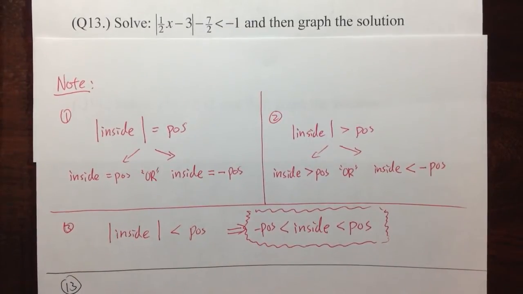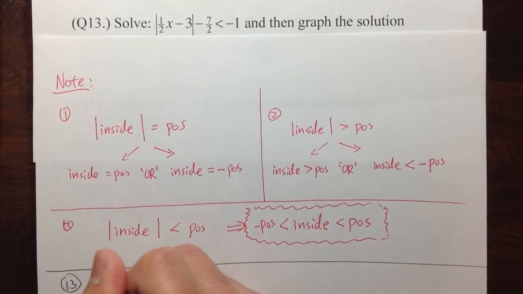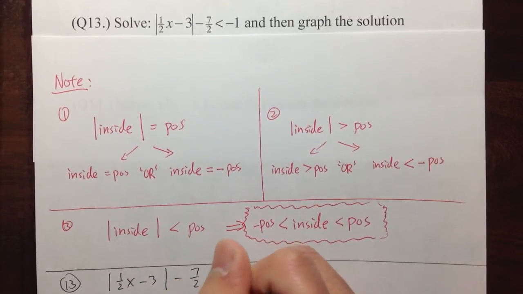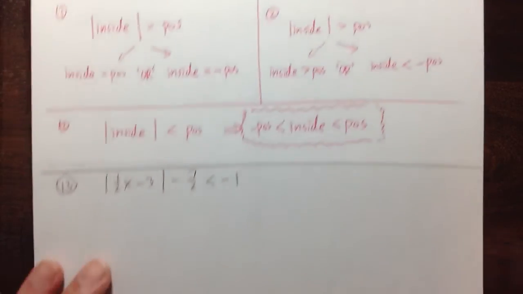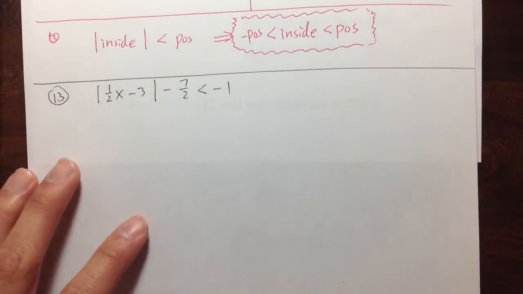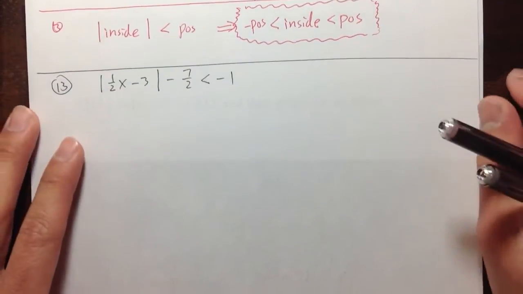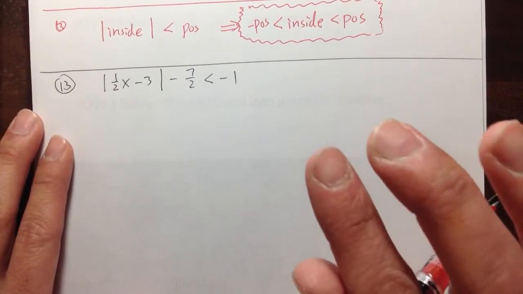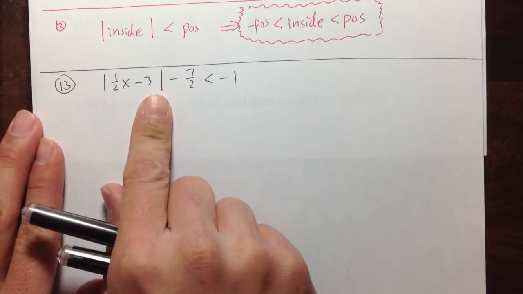For 13, we have absolute value of 1/2 x minus 3, absolute value, minus 7/2 is less than -1. So let's just pay attention to this inequality right here. The first step is you want to isolate the absolute value.